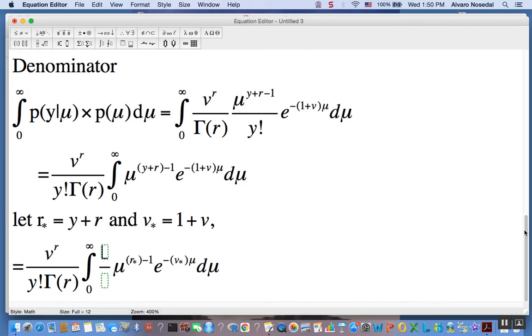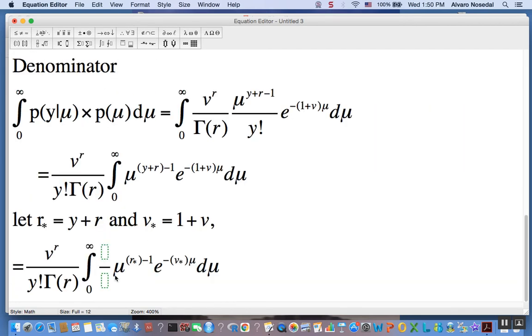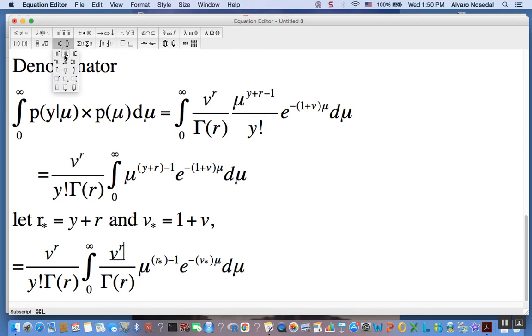That constant is given in terms of those parameters r and v, or in this case r star and v star, and it looks like this. So let me borrow this guy here. That's the one we need, but with v star and r star. We need r star as well.